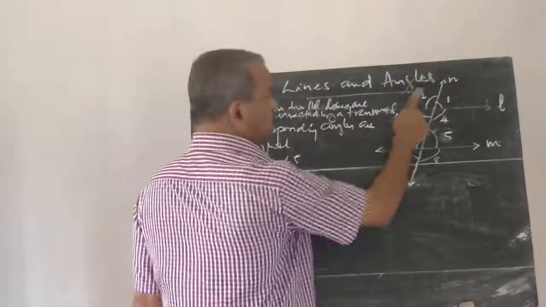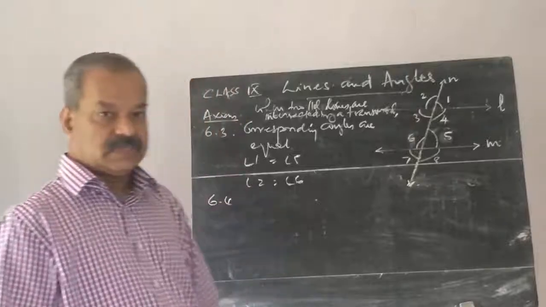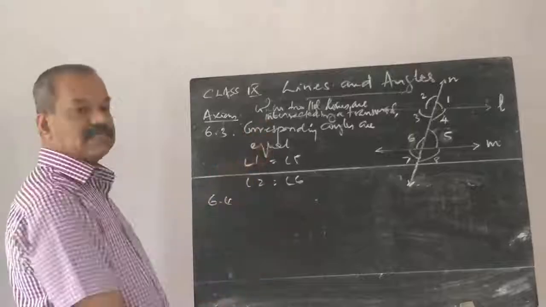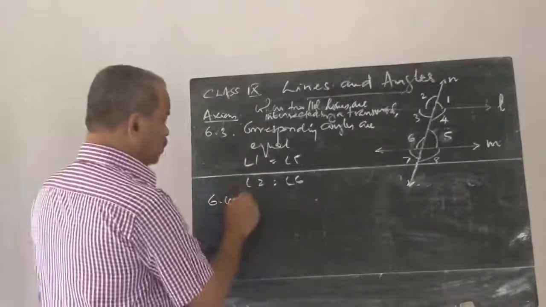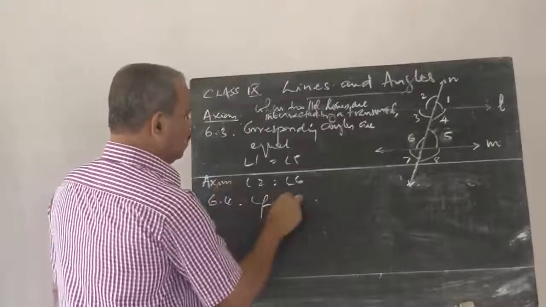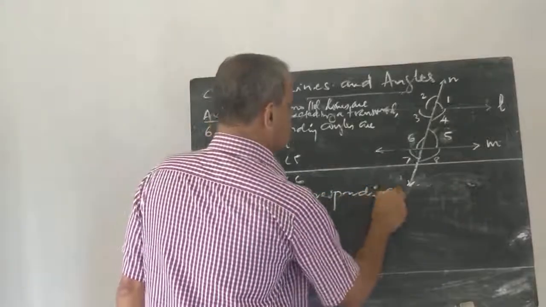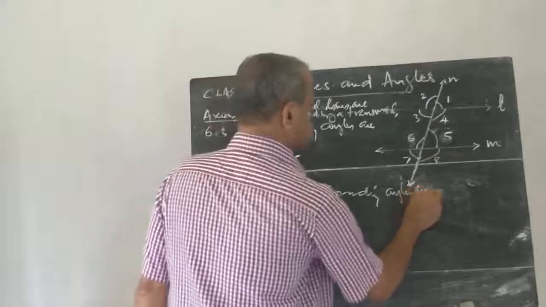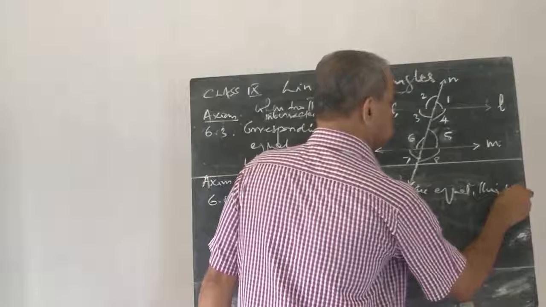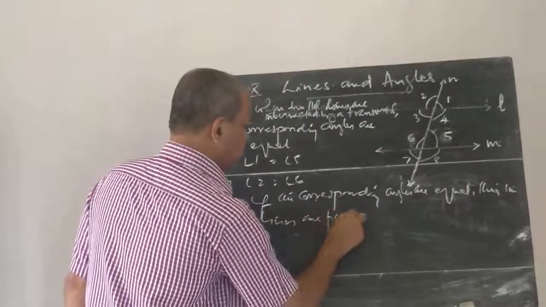When two lines are intersected by a transversal, and the corresponding angles so formed are equal, then the lines are parallel. This is axiom 6.4: if the corresponding angles are equal, then the lines are parallel.